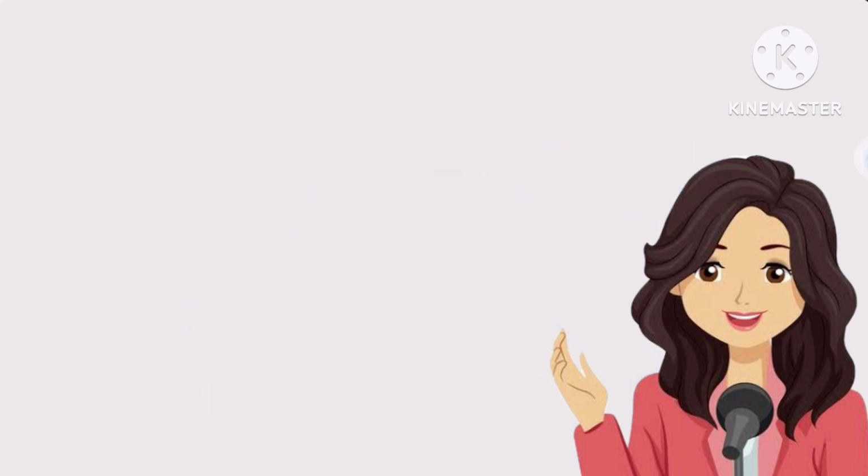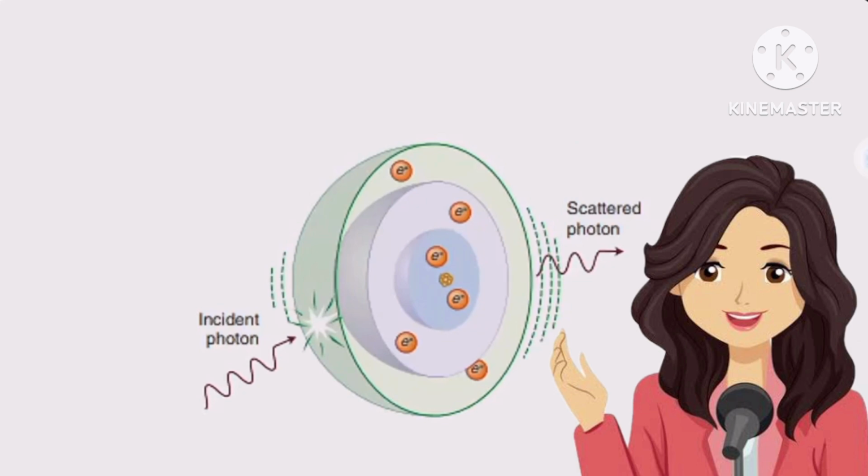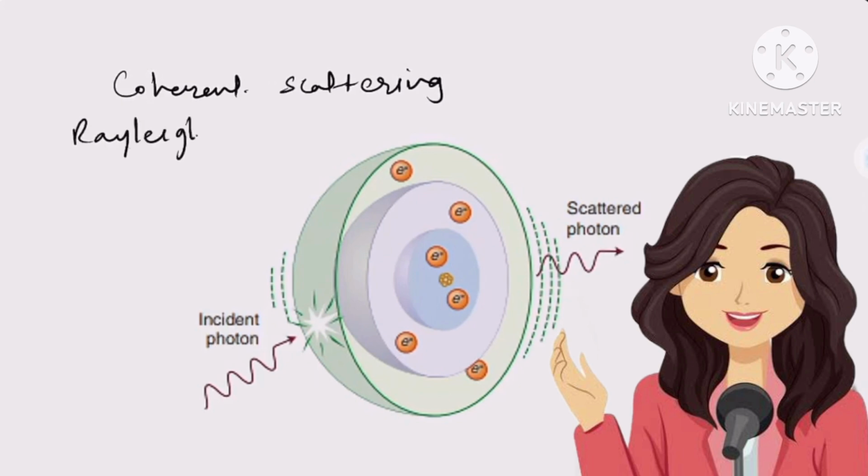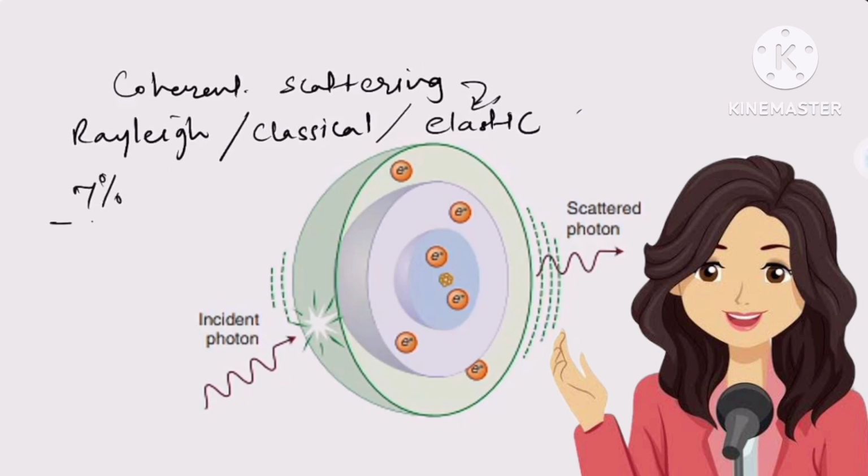All right. Let us start with the first, which is coherent scattering. It is also called Rayleigh scattering, classical scattering, or elastic scattering. These are just synonyms of it, so remember the synonyms. 7% of total dental exposure happens due to coherent scattering.